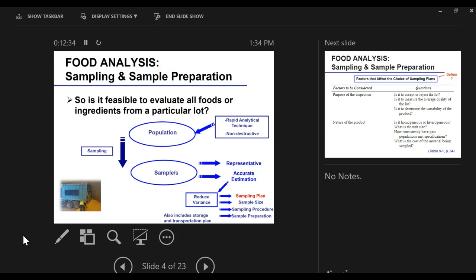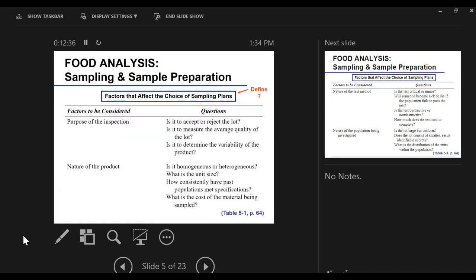So choosing a sampling plan means choosing the number of samples you need to pull out, where you're going to get your samples from, how you're going to measure them, how you're going to store them. You have to know certain things, like what is the purpose of the inspection? Are we looking to accept or reject a lot?